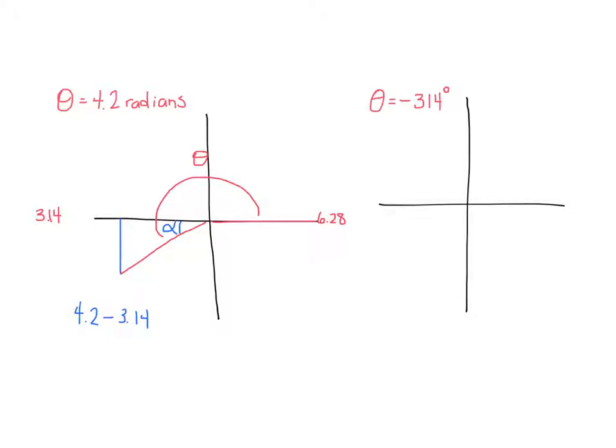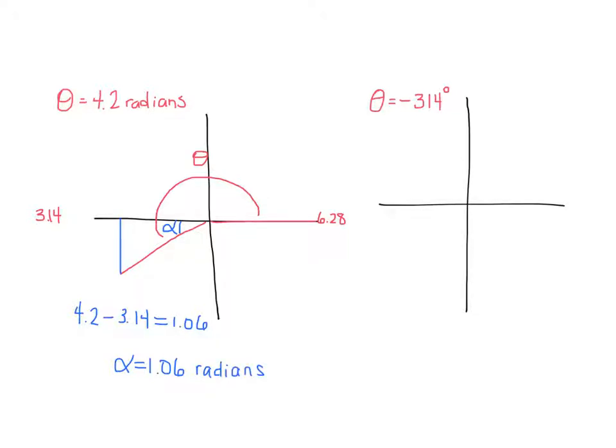So I don't need all of that because alpha is just this part that's in the third quadrant. So when I subtract 4.2 minus 3.14, I get 1.06. So the measure of alpha is 1.06 radians.